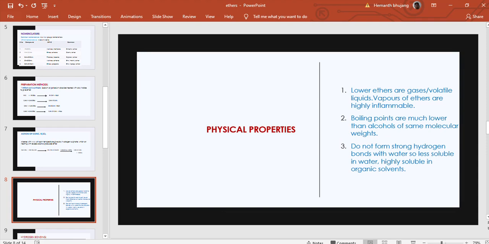The reason is that ethers are not forming a strong hydrogen bond with water. When any substance is unable to form a strong hydrogen bond, then its solubility in water is very less.